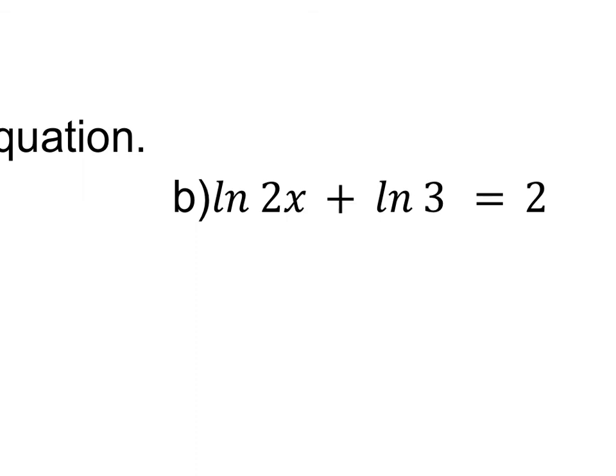Okay. All right. So first we've got natural log of 2x plus natural log of 3 equals 2. We've got two terms with natural log. I don't want two terms, I want one term. So how can I combine those? What do you do whenever you're adding natural logs? Well, you multiply those numbers.